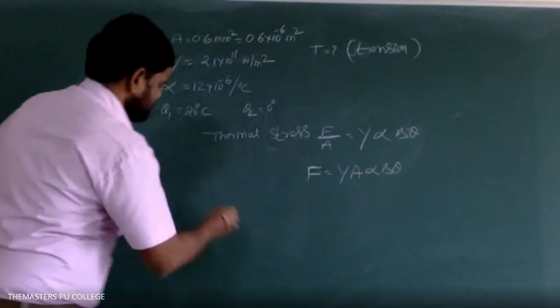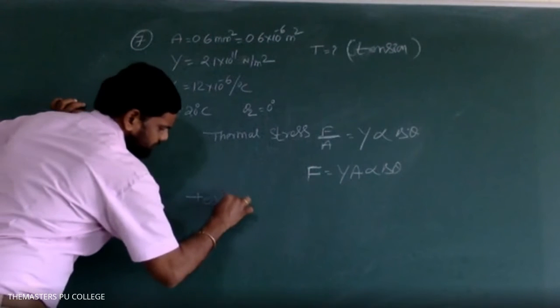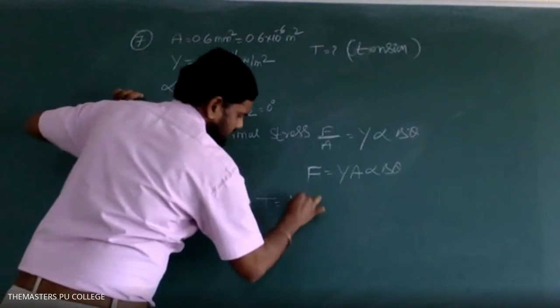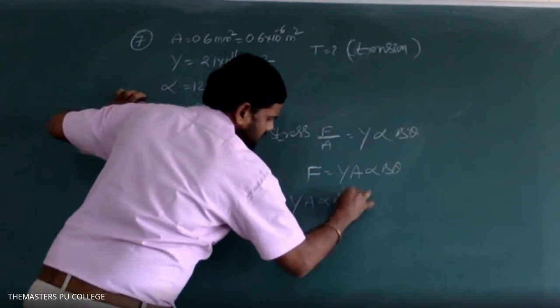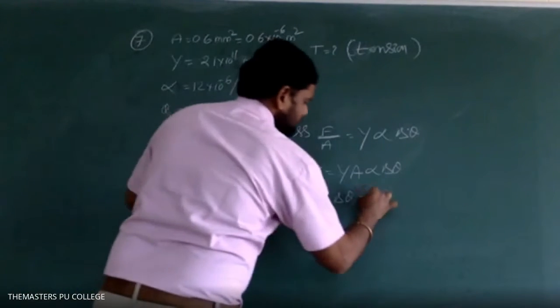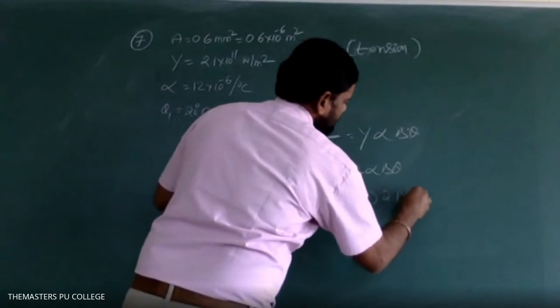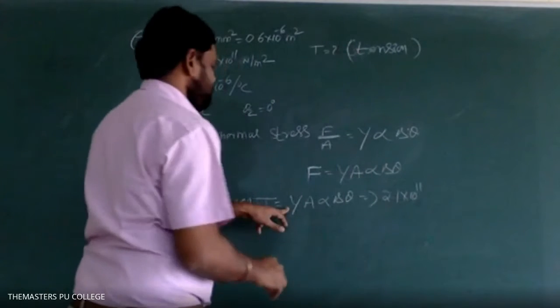So the tension T is equal to Y A alpha delta theta. Substituting, Y is 2.1 into 10 to the power of 11.